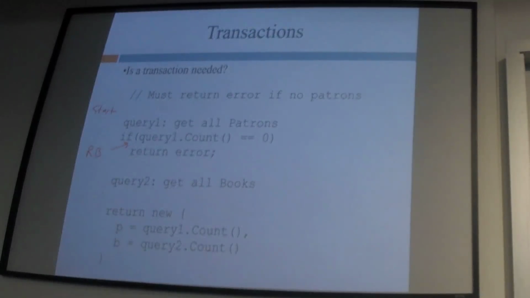Okay, if there are 0 patrons at the time and the books are not being modified, what if the patrons are being modified? Then we would say, okay, there are 0 patrons. Then suddenly there's a patron. Then we return the number of books, and we have some books returned even though there are more than 0 patrons. It's kind of a weird example, totally made up, just to make an example.